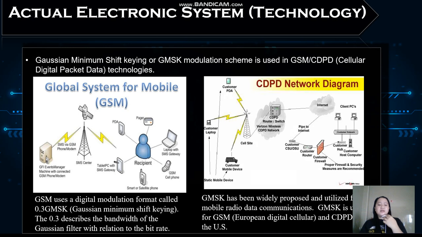The 0.3 describes the bandwidth of the Gaussian filter in relation to the bit rate. CDPD network diagram. GMSK is widely proposed and utilized for modulation for mobile radio data communication. GMSK is used for GSM, European Digital Cellular, and CDPD in the US.